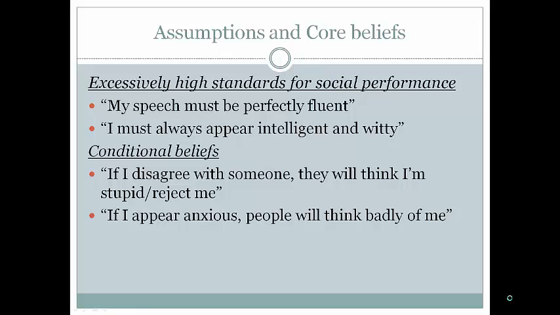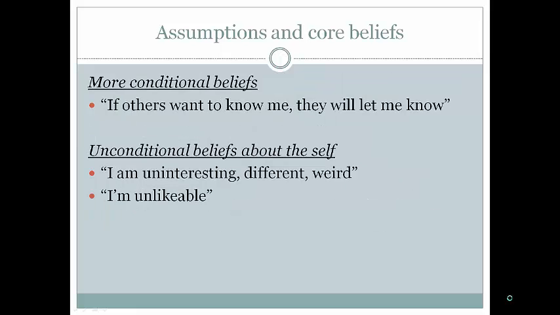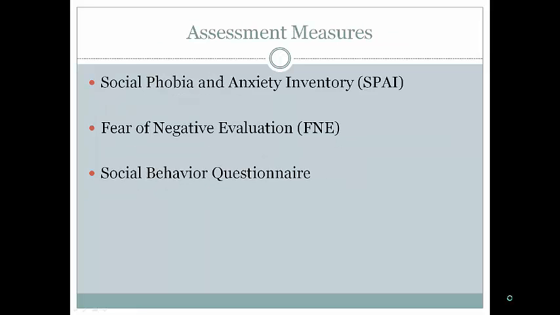I must always appear intelligent and witty. If I disagree with somebody, that's a conditional belief, they'll think I'm stupid. If I appear anxious, people will think badly of me. Other core beliefs include, if others want to know me, they'll let me know, and I'm uninteresting, different, weird, I'm unlikable, which obviously in many cases is not the case, but people have these beliefs anyway.